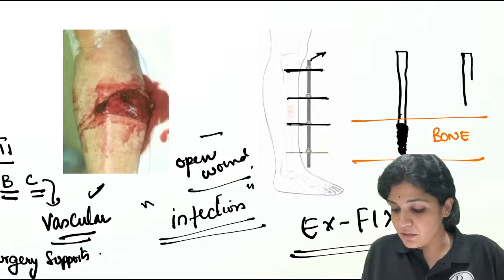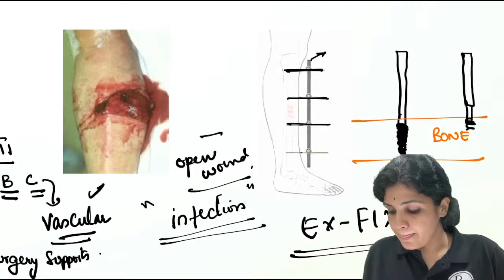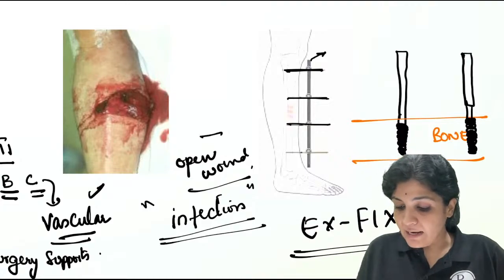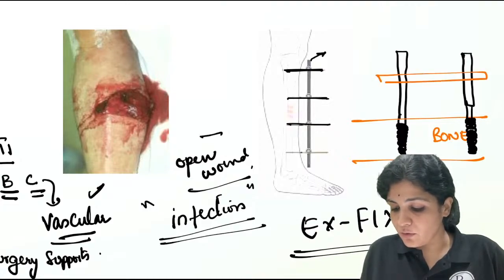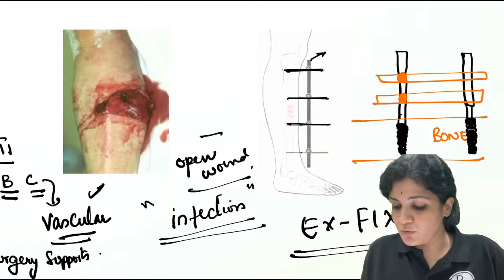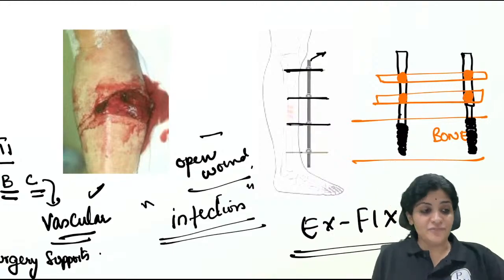From the fracture, we put 2 pins. These threads will hold the bone for us, and now you connect this with the rods. These are the clamps. So these pins are taken through the rods by the clamps. So this is called the external fixator.